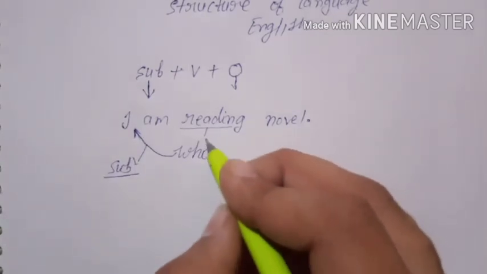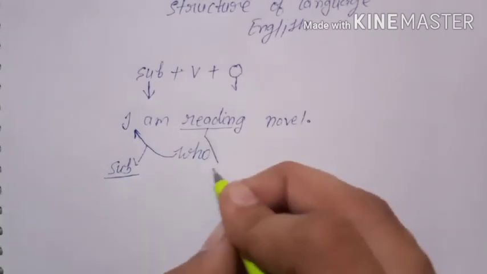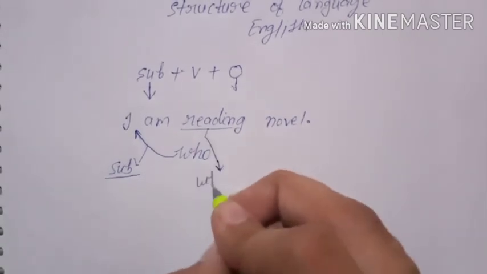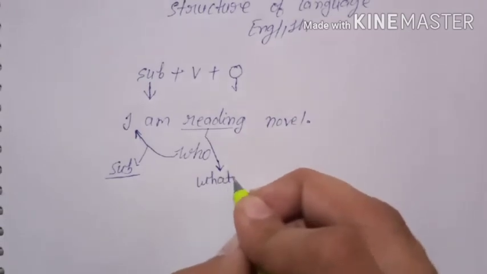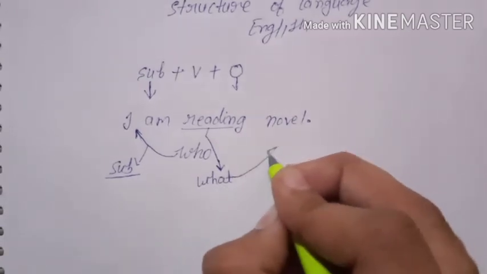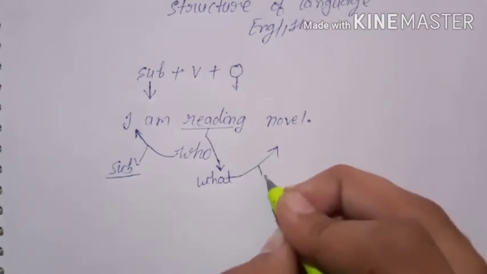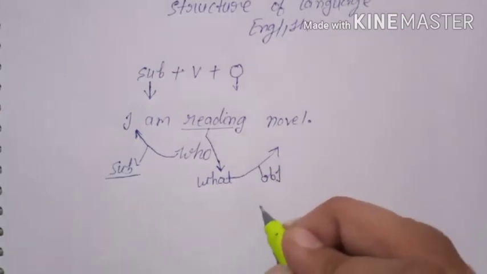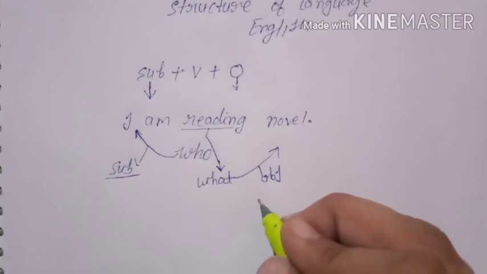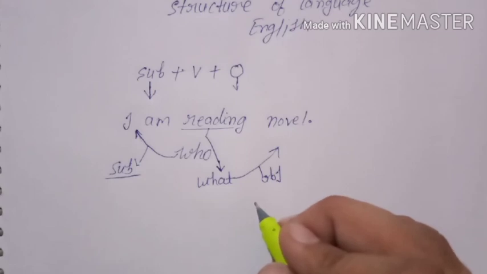Now we will ask, what am I reading? What? Answer is novel. This is the object. Now I hope you have understood what is subject and what is object. Clear? The subject is a doer and object is the thing or person on which the effect of doing is going on.